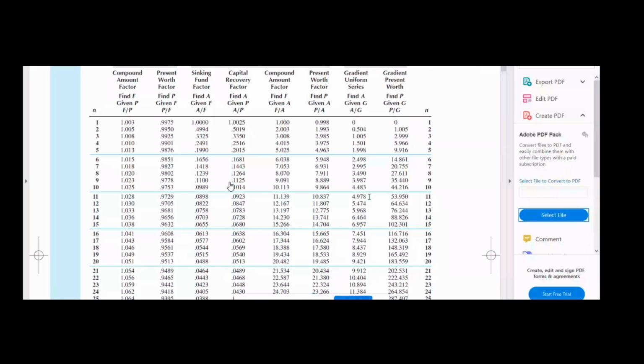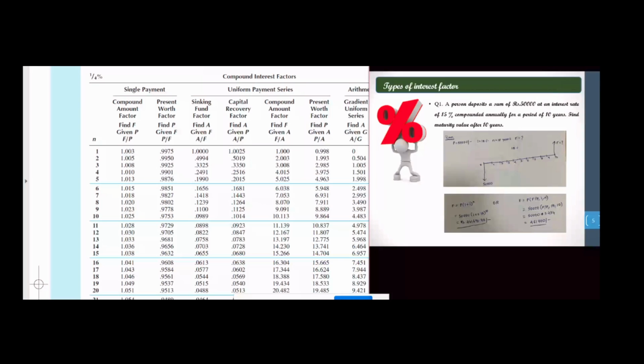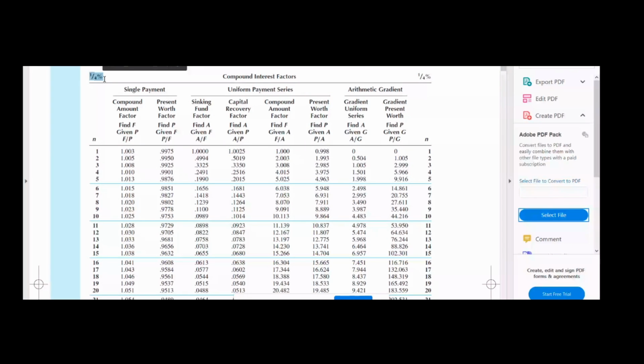Please go to the interest factor table where you have n is equal to 15, right? N is equal to I is equal to 18. So here you have all the interest values or the interest rate. First page it is 1 by 4%, likewise you have 1/2%, then you have 3/4%, 1%.